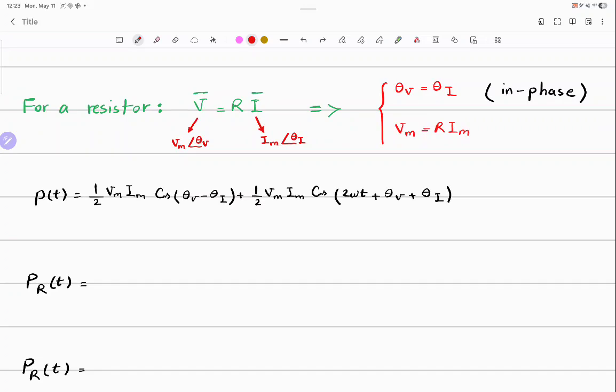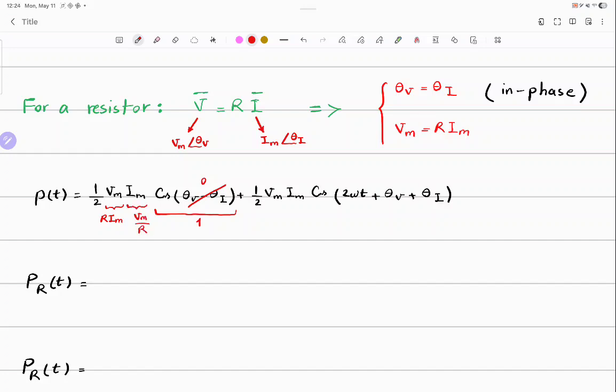Very good. Now let's plug these two red equations into the general black equations that we got from the previous page, the general instantaneous power term. So can you tell me what is this value? 0. What does that make cosine? 1. What can I write instead of Vm? R Im. And what can I write instead of Im?